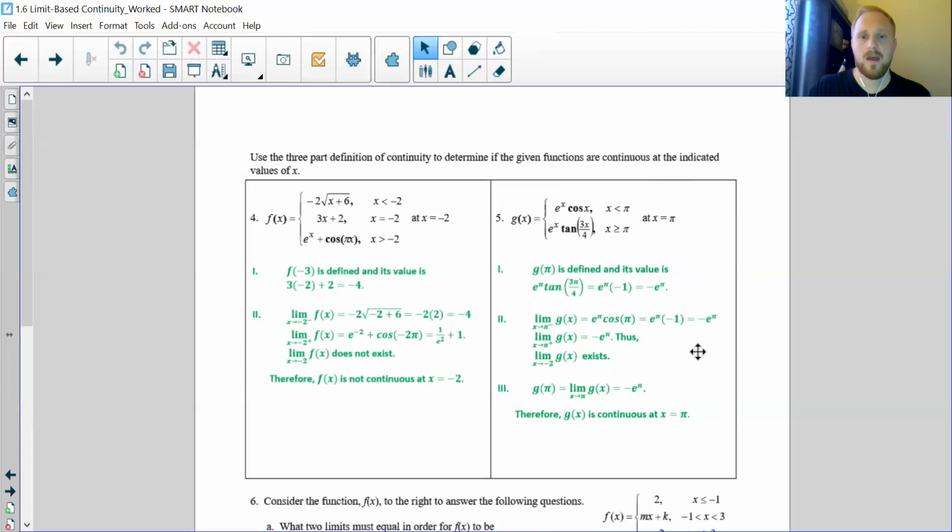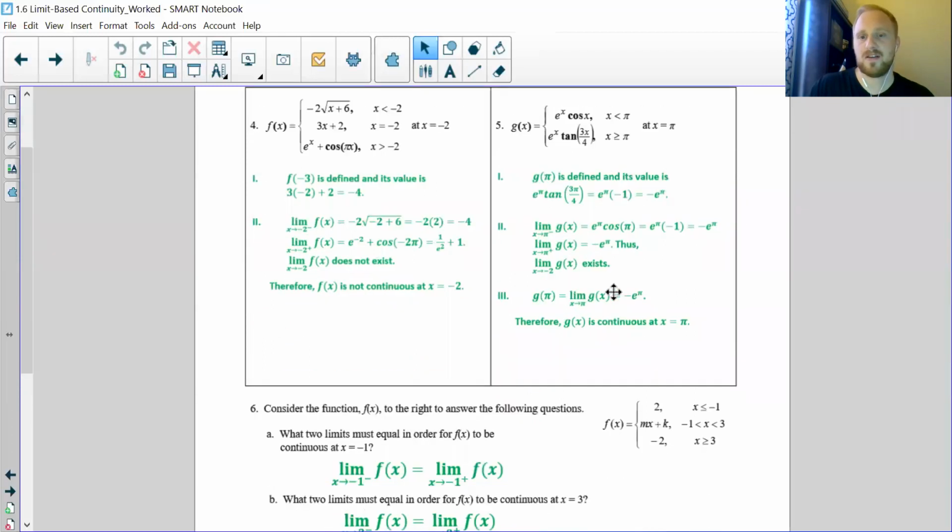It's defined. Now we have to show, is that value true if we take the limit from the left and the limit from the right? Well, what's nice about this is we already know the limit from the right. We just have to show that that is also true from the left. So if you plug pi in there, e to the pi times cosine of pi, which is -1. So it's -e to the power of pi.